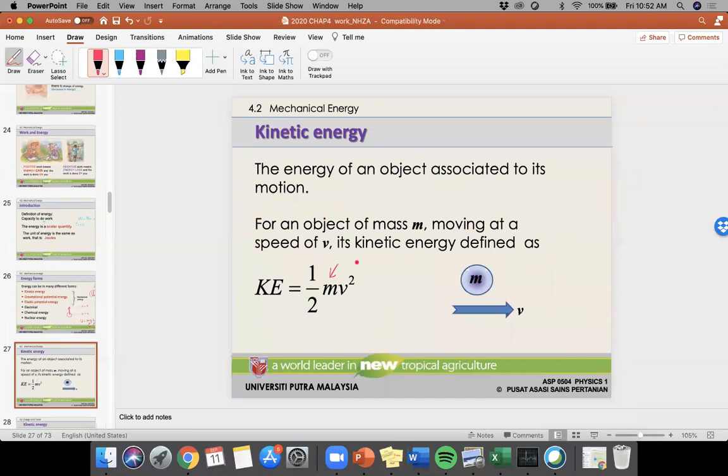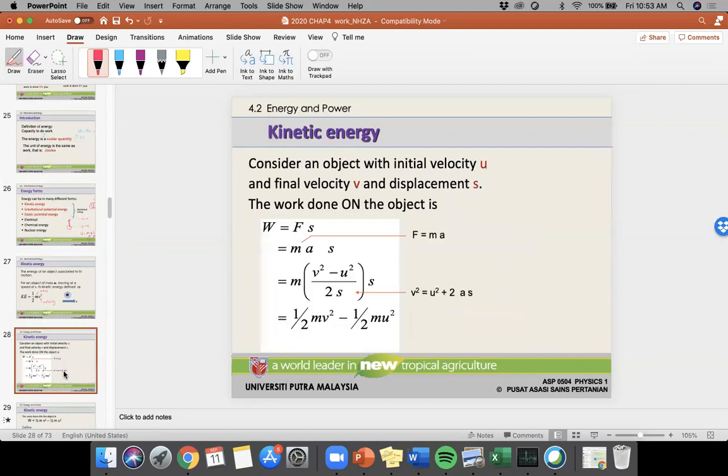This guy is mass and this guy is velocity. Always put in your SI unit. Mass is kilogram, v is in meter per second. If it is not in kilogram or meter per second, please change it to SI unit before using this equation. Always use SI units, pakai equation.